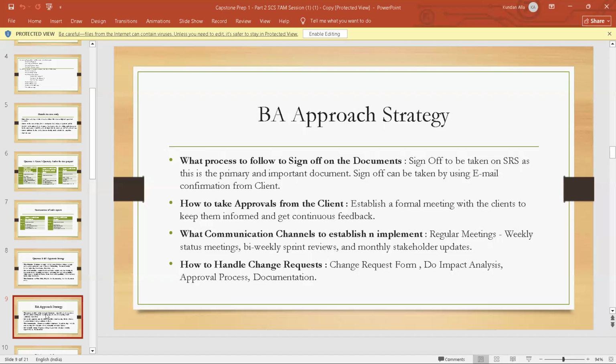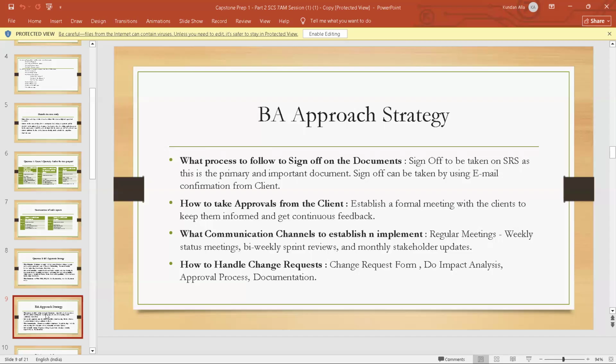Okay. And coming to the next one, how to handle a change request. This means when you get a change request in the middle of your work, first of all you write it down in a change request form. After that you do some impact analysis, like how much cost and how much time it will take, or whether it is important enough to include right now or we can do it later.